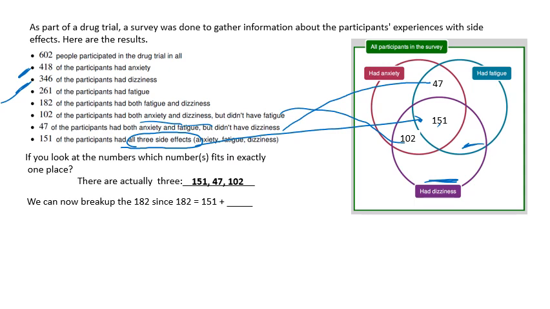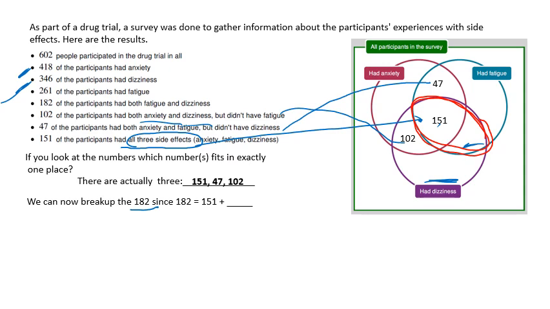But you can work up the 182 because the 182 are fatigue and dizziness. If you have fatigue and dizziness, you are in this football-looking thing, right? This is fatigue and dizziness. Let me stress, it doesn't say you don't have anxiety.